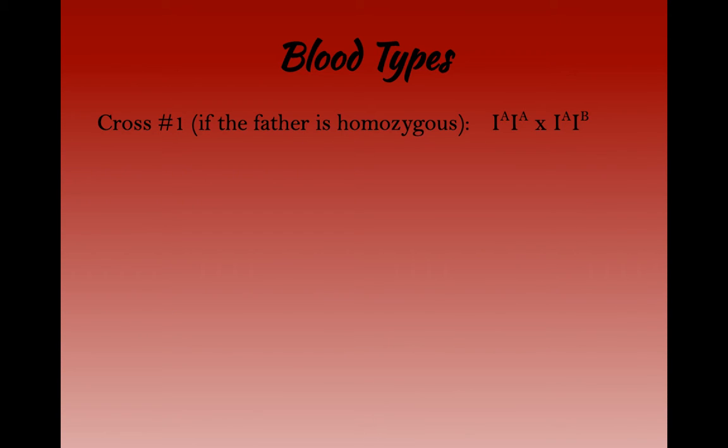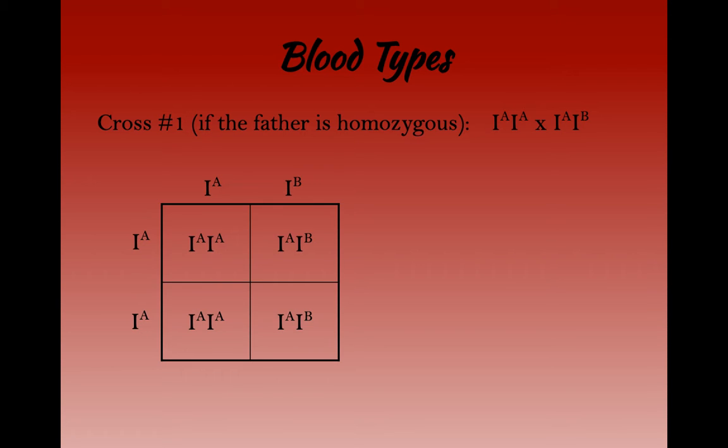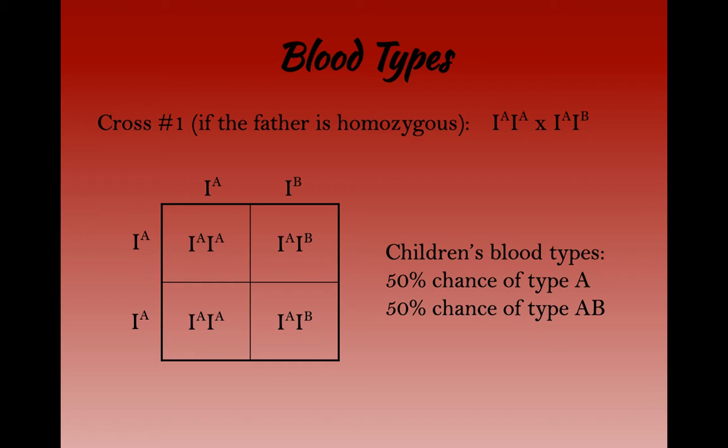Cross number one, if the father is homozygous, the father can give only an A allele, and the mother can give either an A or a B. When we fill in the Punnett square, we see that there's a 50% chance that a child will have type A blood and a 50% chance that they'd have type AB. So that's the one situation.